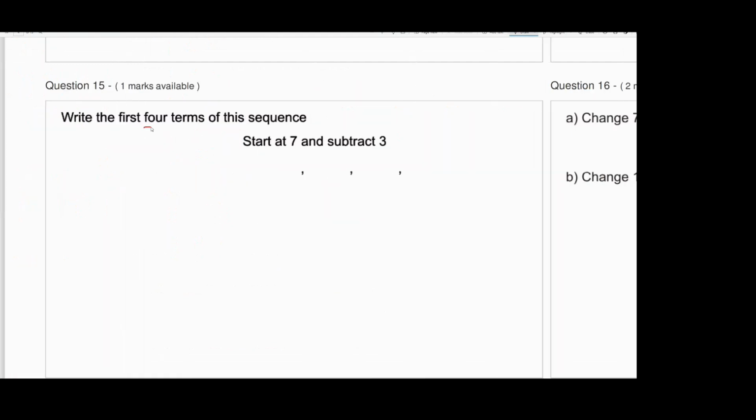First 4 terms of this sequence, just a case of being careful. So we're starting at 7. Take away 3, that's 4. Then we have 1. Then what would come next? If I need to do 1, take away 3, what would come next?